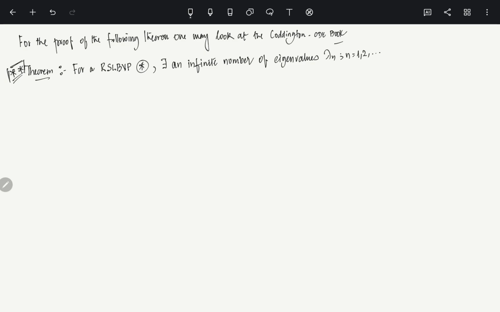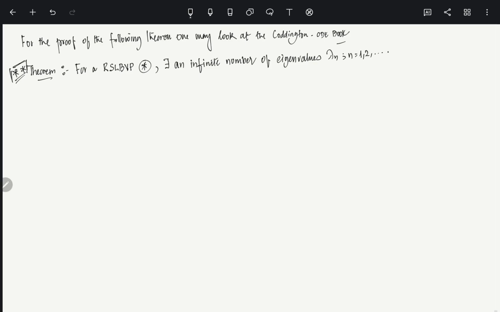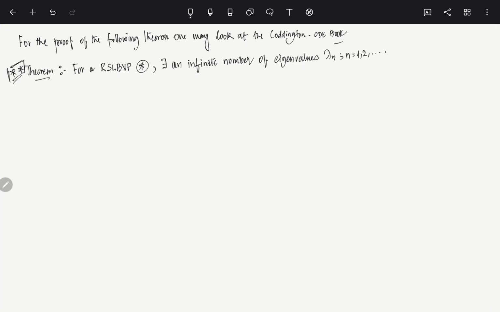Clear? So basically what it is saying is this: we really do not care what p, q, r is. You can always get an infinite sequence of eigenvalues lambda n.